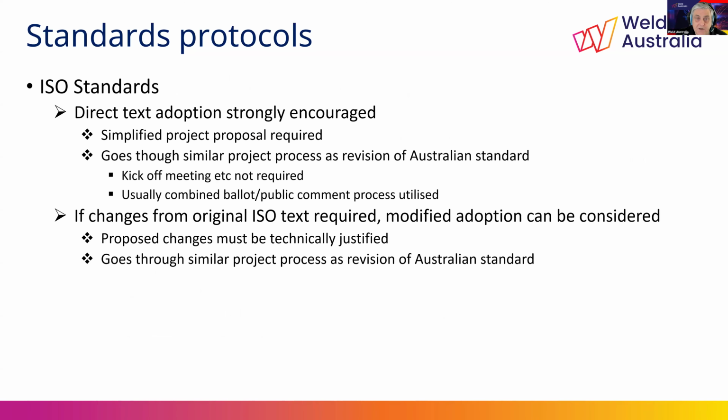Now, adoption of ISO standards has been the policy of the Australian federal government for many years, irrespective of which side of politics was in power. The challenge with ISO adoptions is to ensure that they are technically relevant to Australia's needs and are practical in their application. Many ISO standards, unfortunately, have European origins and do not align well with Australian practices, which are more aligned with North American welding practices.